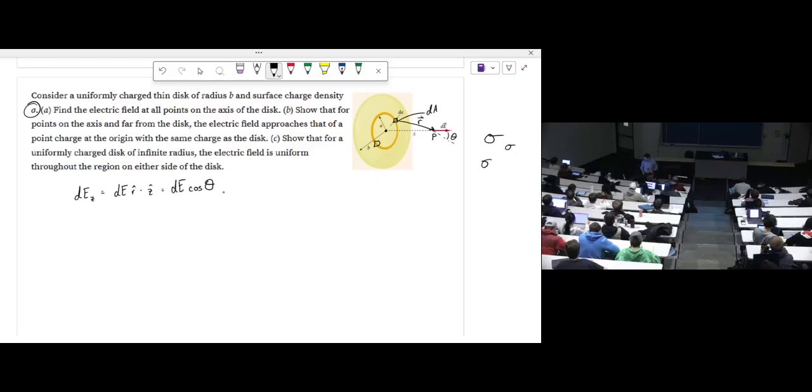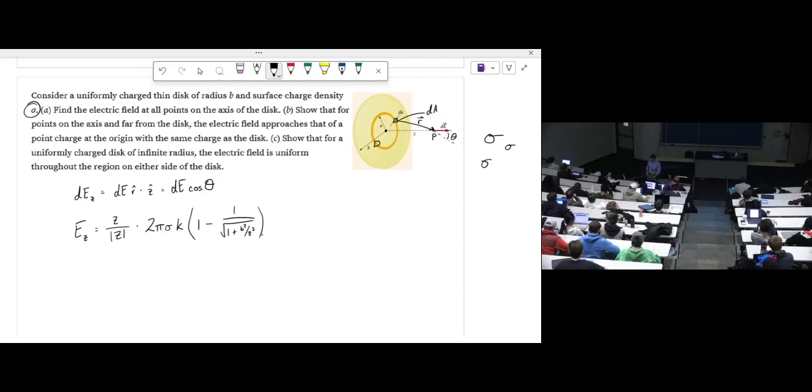I would invite you to follow through on my results, but what we get for the electric field in the z direction here, after we do the integral, because we end up having to integrate over a factor of a in the numerator and the denominator, is z over |z| times 2 pi sigma k times 1 minus 1 over the square root of 1 plus b squared over z squared.